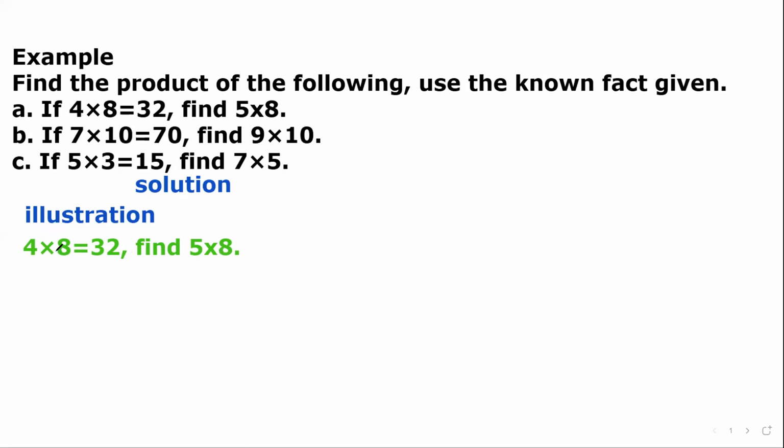Now, before you can solve this one, you find the multiplier. The multiplier is a number that appears in the known facts and at the same time appears in the unknown facts. Looking at the known fact, we have 8, and in the unknown fact, we have another 8.